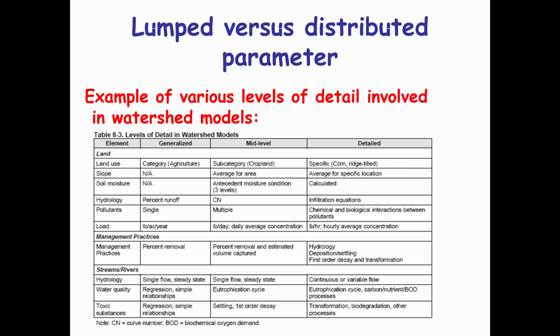And then a more detailed level might be where you don't just say it's cropland, but you would say, well, we've got corn here, we've got soybeans over there, you've got ridge tilling in the corn, you've got no-till in the corn. So you've subdivided the area into more specific details. The lump parameter model would be more likely to the left in this table, the more generalized representation, whereas the detailed one on the right would be associated with the distributed parameter model.